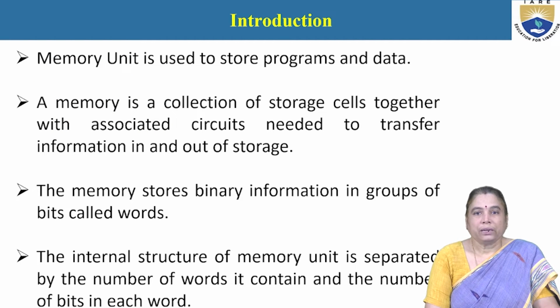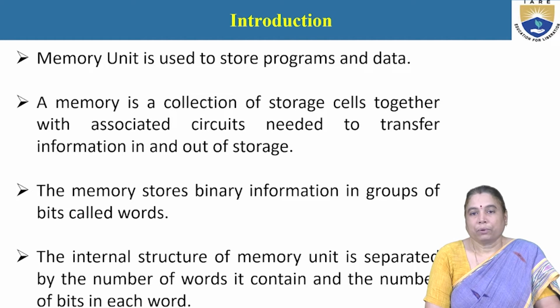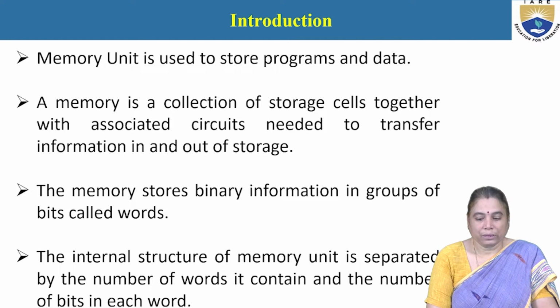So the memory unit is basically used for storing user programs and data. The programs can be brought from the secondary storage into the main memory for execution by the CPU. A memory is a collection of storage cells together with associated circuits needed to transfer information in and out of the storage.